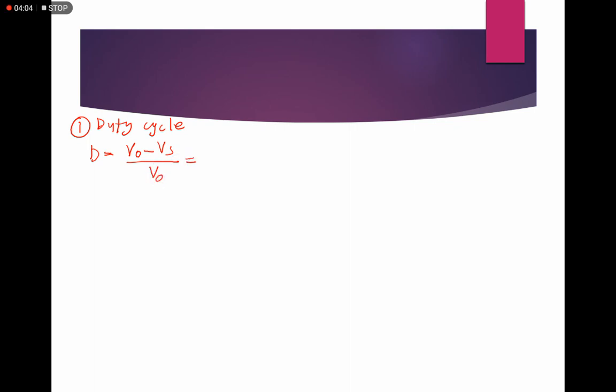We substitute the values, 80 minus 45 over 80, so you will get a duty cycle of 0.4375.